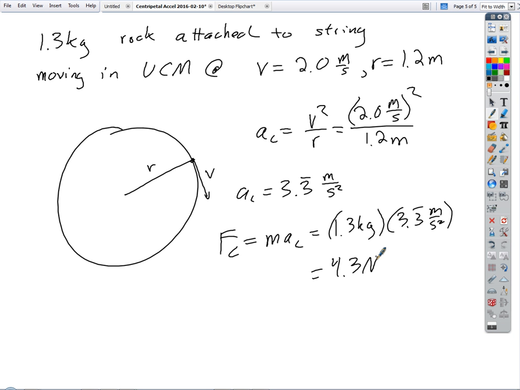Which means, if you're going around a corner, why would your car start skidding? It would start skidding because the tires couldn't provide enough centripetal force to turn you in a circle. See what I'm saying?